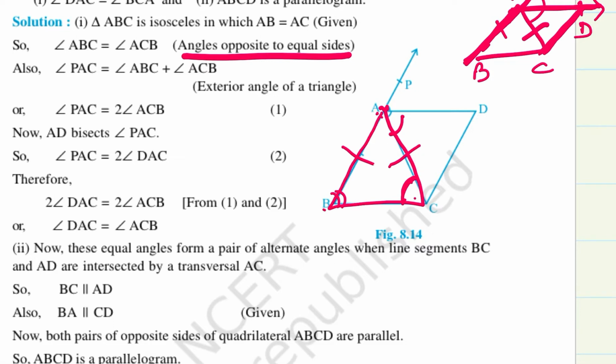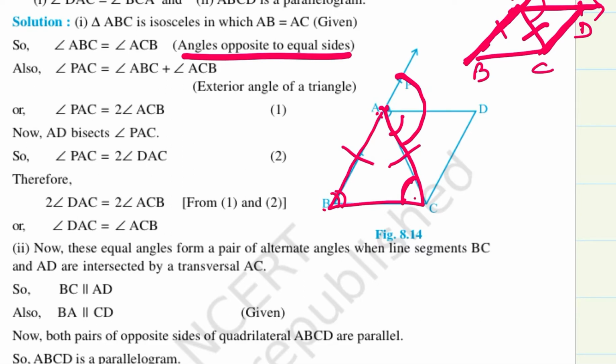Now, angle PAC is an exterior angle. Again, a property of triangle, we know that one exterior angle is equal to the sum of the two opposite interior angles.